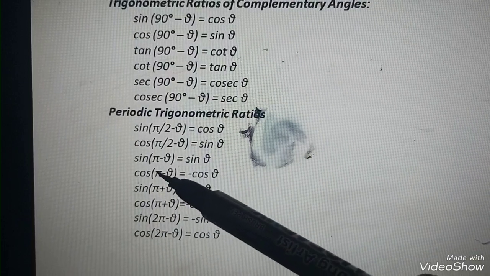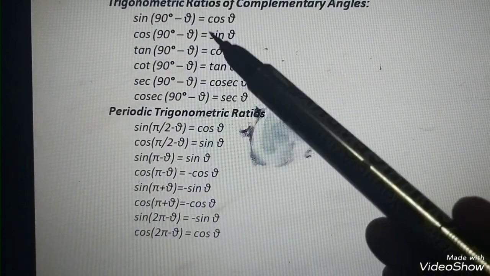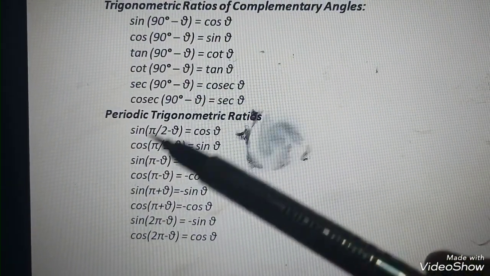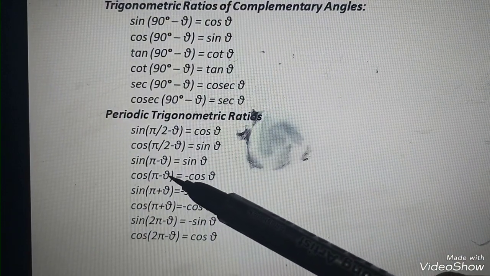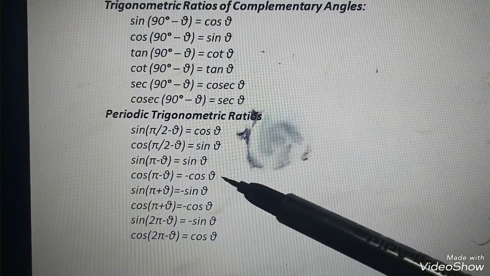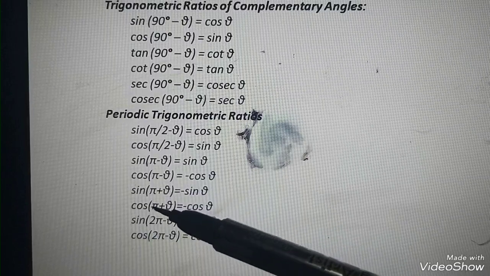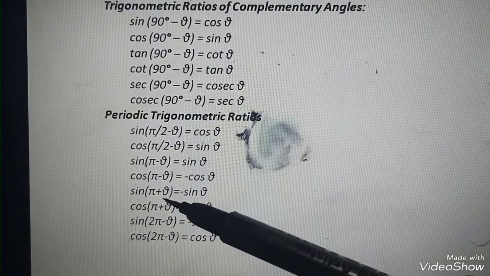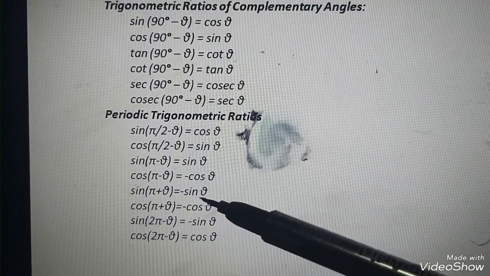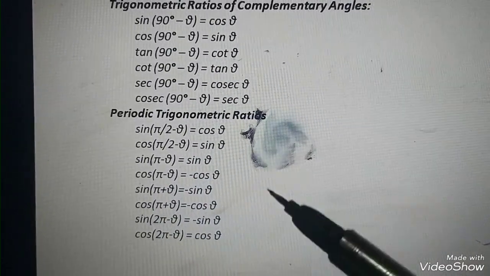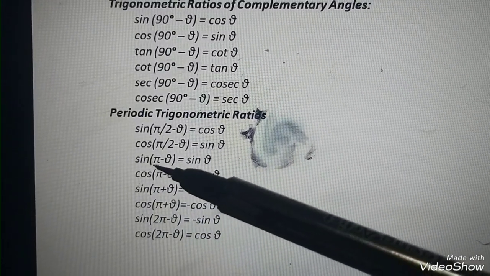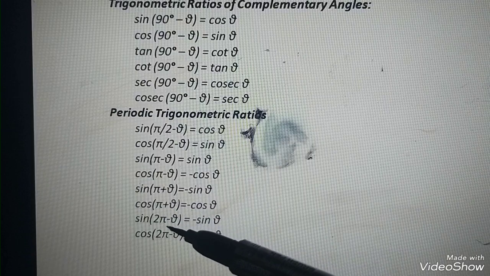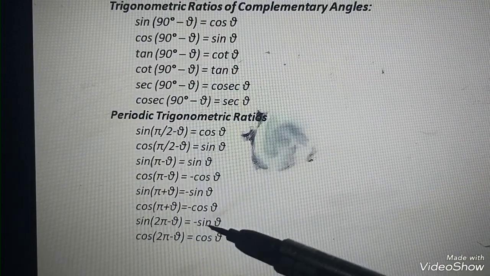Cos(90 minus theta) is sin theta, but cos(180 minus theta) we get minus cos theta. So remember these formulas perfectly, children. Sin(180 plus theta) means minus sin theta. We get all minus signs here, with pi and 2 pi, so these are all minus only.